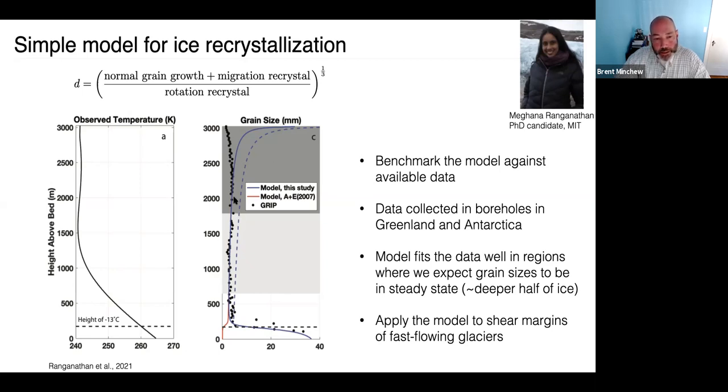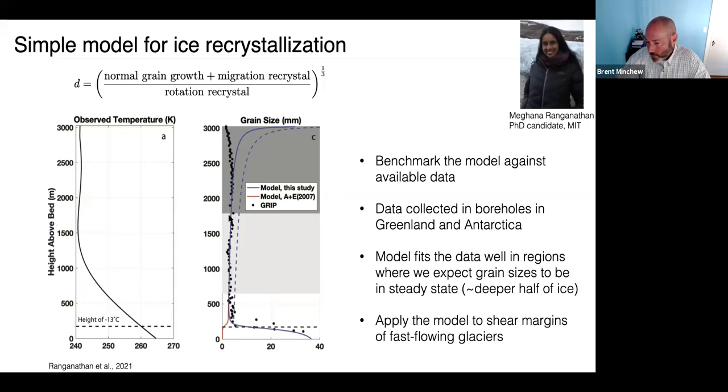So we take this simple model for ice recrystallization and we benchmark it against this data. We have one tunable parameter within this model, and we tune it within a number of the ice core data that we have. And we can show that the model does a pretty good job of fitting the data, particularly in portions of the ice core where we would expect the grain sizes to be in steady state.